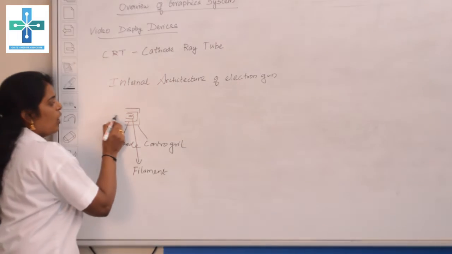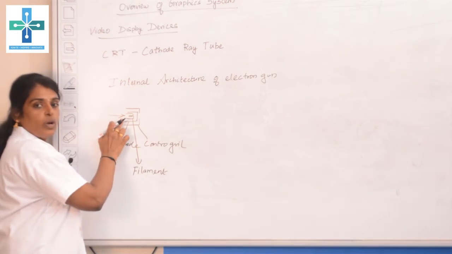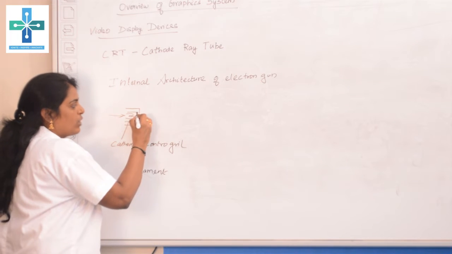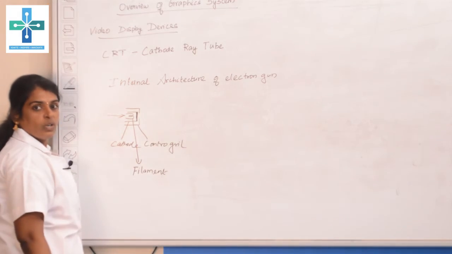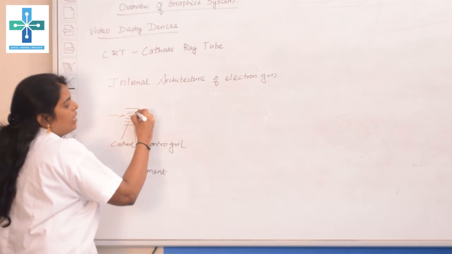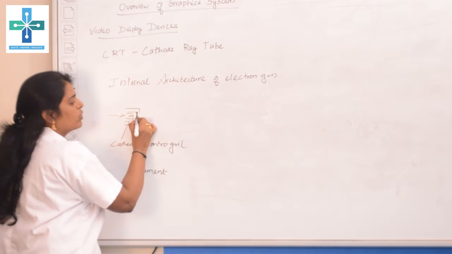When a current is passed to this coil or filament, it will produce heat on the cathode. As a result of this, the electrons will be burned out.